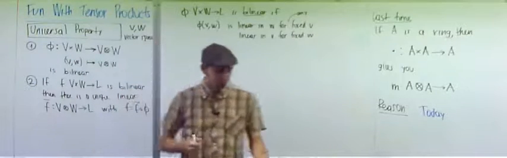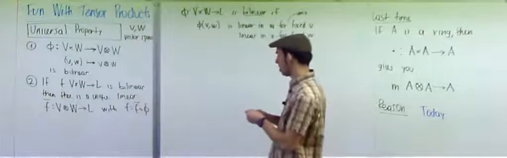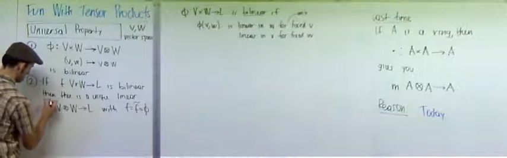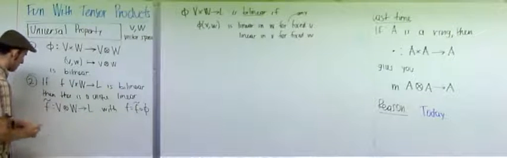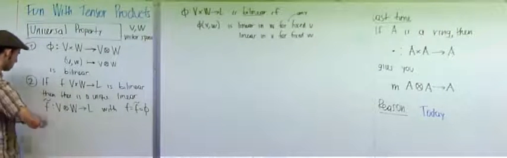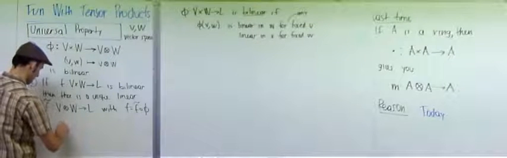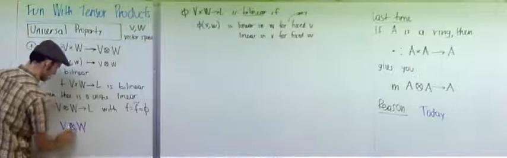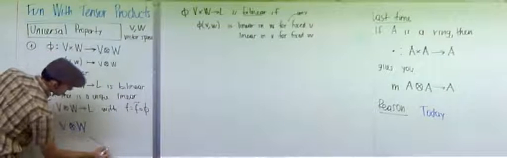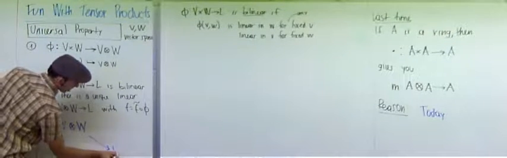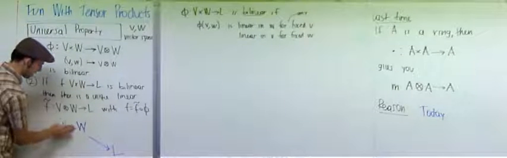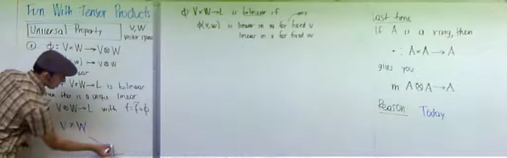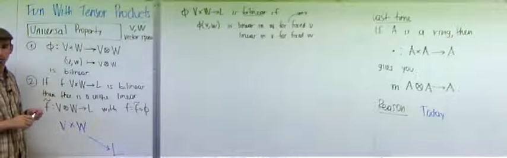Let's see in a picture what this means. Sorry, this is a tilde. Let's say that you have any bilinear map from the direct product to any L. What kind of thing is L?